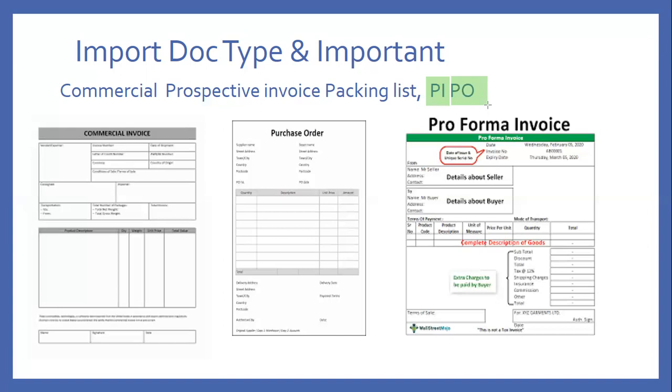Once the proforma invoice is approved by the buyer, the importer prepares the purchase order. Here the deal starts. The proforma invoice is just for the initial rate pricing, but after the purchase order is prepared, the supplier dispatches the goods.